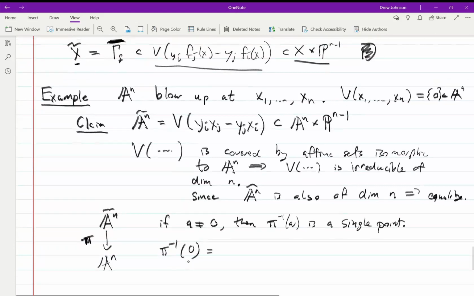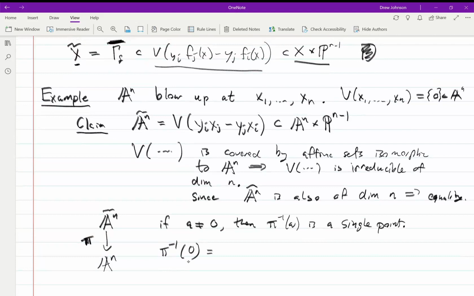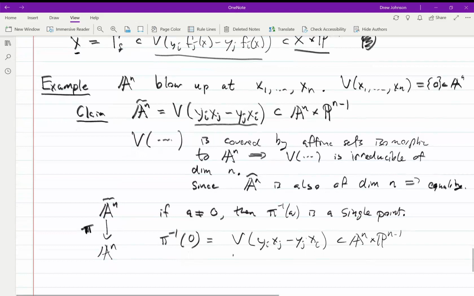Well, if we look at pi inverse of 0, we go back and look at these equations here. What is this 0 here? This is 0 in x's, right? So this will be the vanishing locus of y_i x_j minus y_j x_i contained in A^n cross P^(n-1), but restricted to the place where the x_i are all equal to 0.